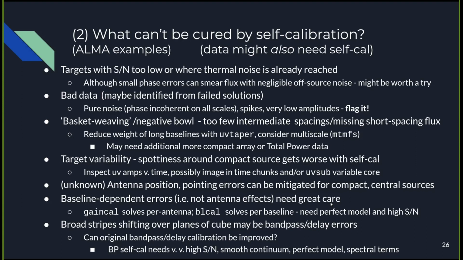And particularly if you have a very complex source, or a source where the brightest emission is significantly offset from the phase center, you'll have trouble getting a proper enough model to self-calibrate with. If you happen to have a good model from a different session, then you might have some luck with that, but it's very difficult to cure those errors.